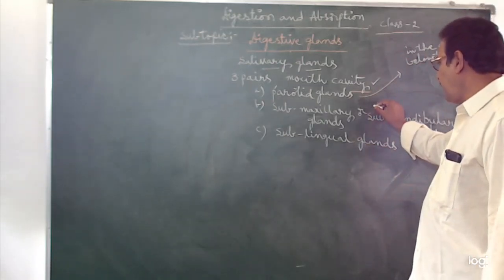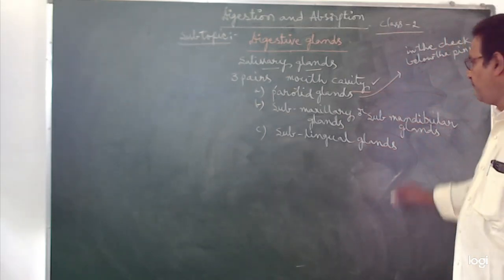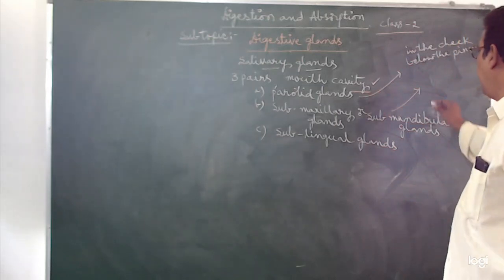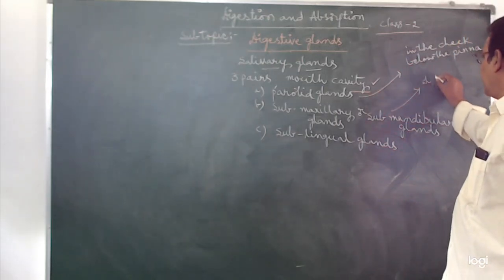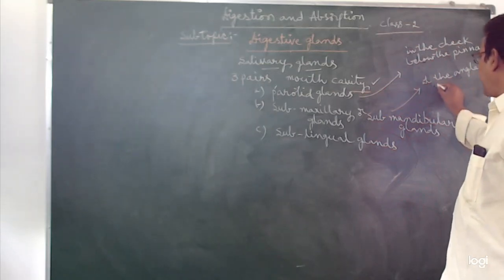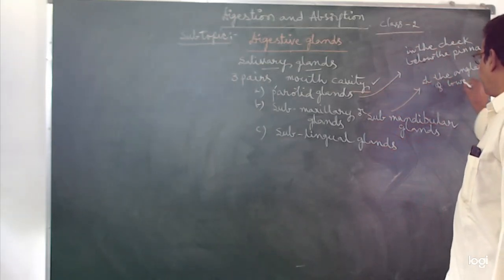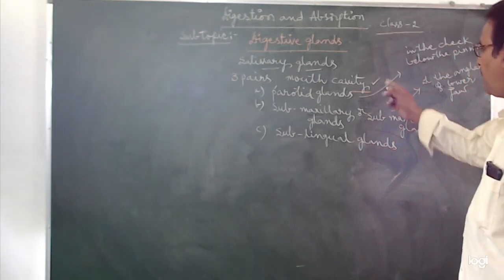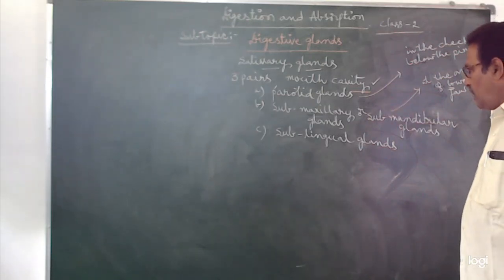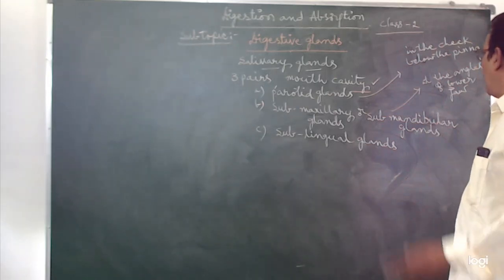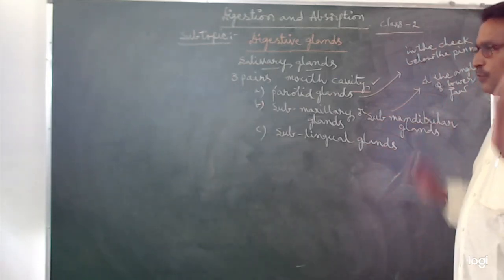And submaxillary glands or submandibular glands are located at the angles of the lower jaw. The first pair of salivary glands are called parotid glands, which are located in the cheek, below the pinna, at the base of the pinna, on both sides, one pair.